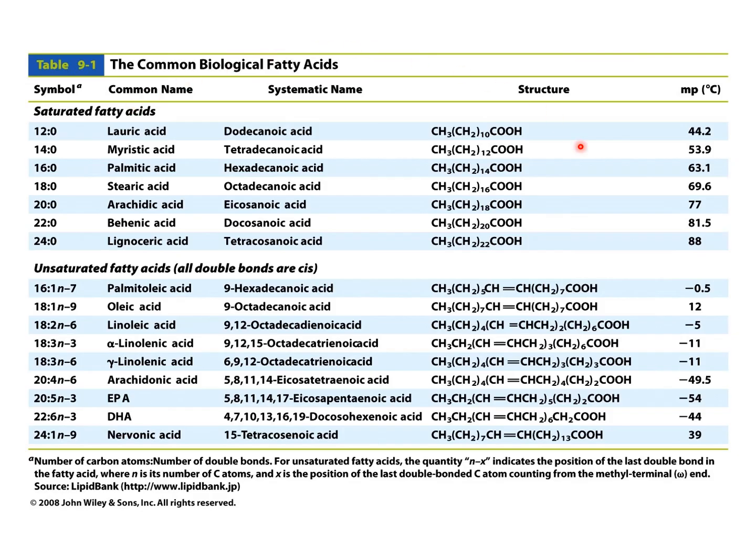And this Table 9-1 shows the common biological fatty acids that you need to get familiar with, especially their shorthand notation. Again, the first number means the total number of carbon atoms, and the second one after the colon means the number of double bonds. And the palmitic acid, stearic acid, and so on, you should get familiar with their structures too.